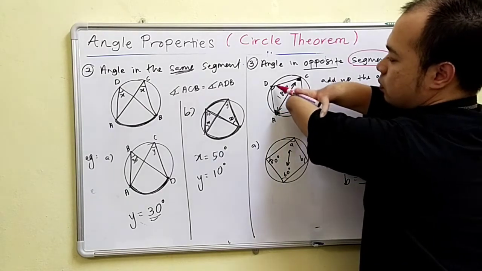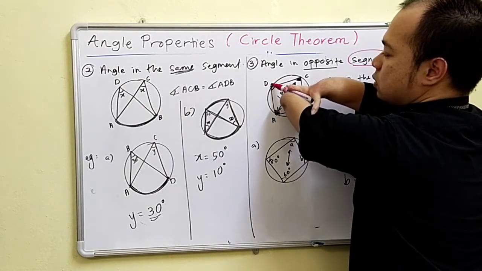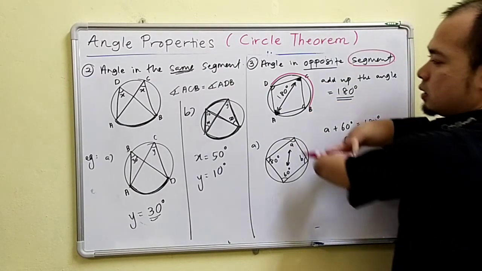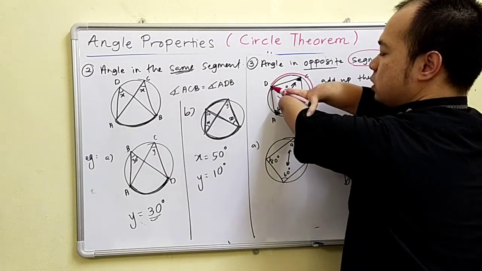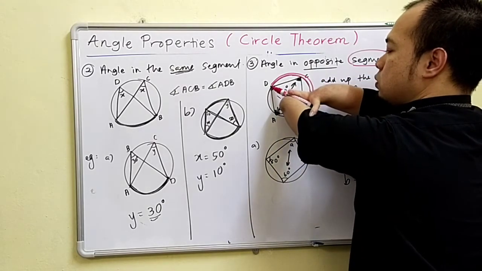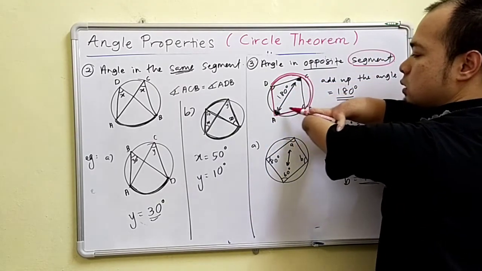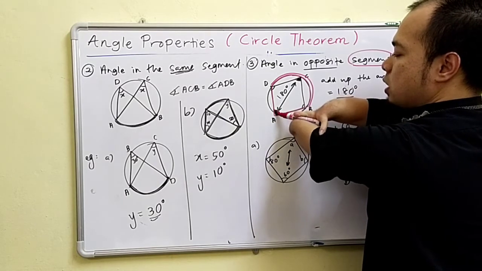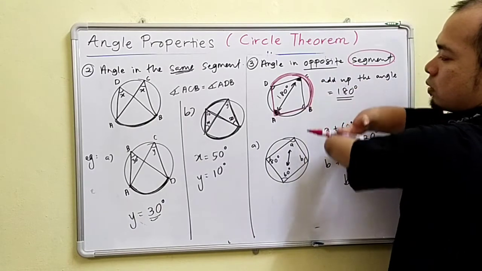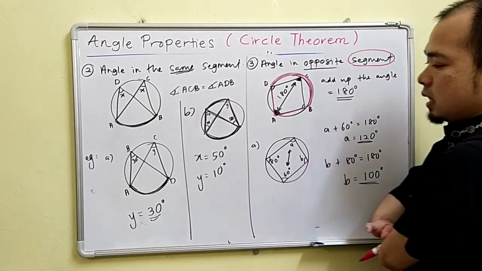Segment for A, from here until here. If you look over here, from D I go to B, then I project to A. So this is the segment for angle A.